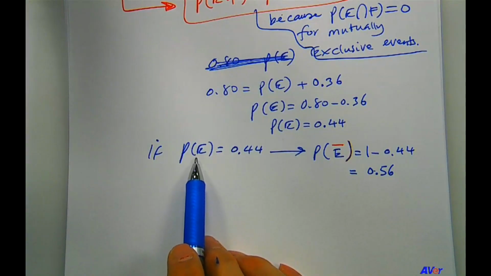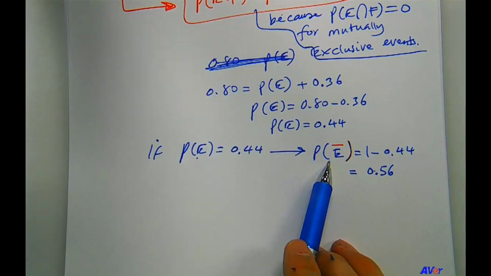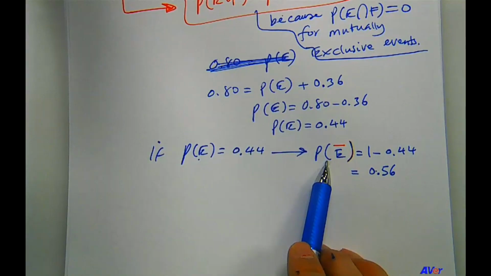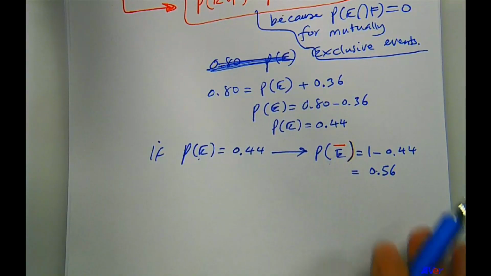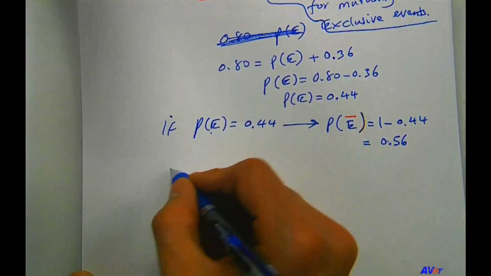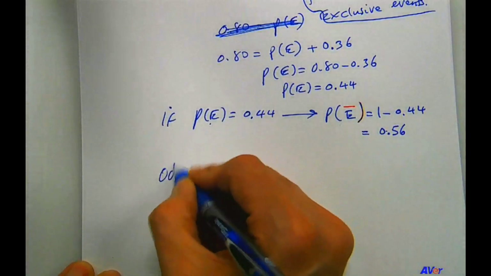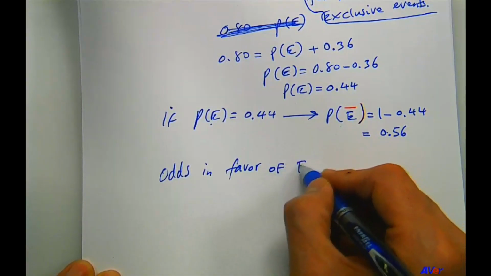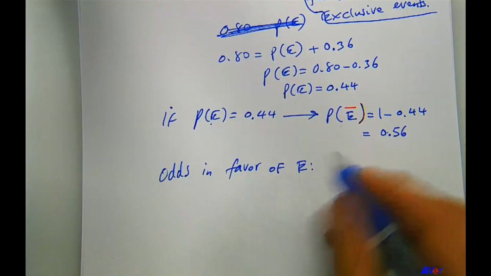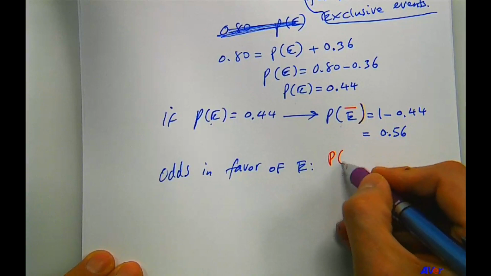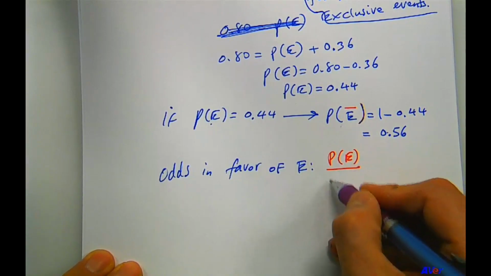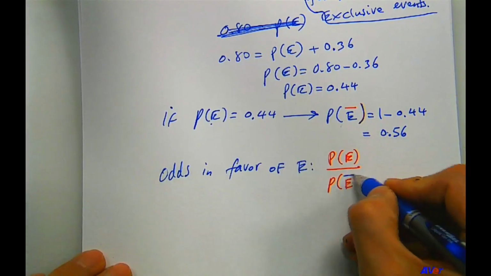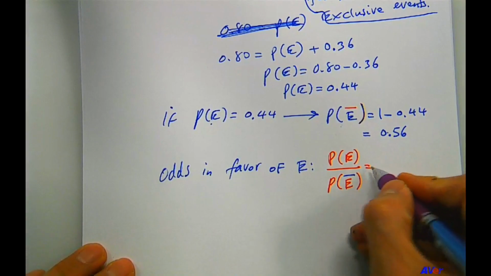Now we have the probability that E does occur and the probability that E does not occur. That's E bar. Because we're looking for odds in favor of E, the ratio that we take must be the probability that E occurs divided by the probability that E does not occur, with that bar shown on top.